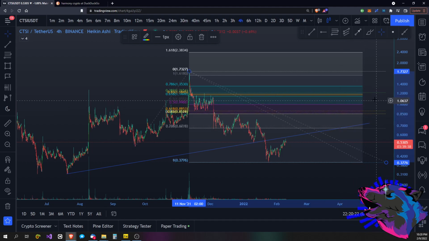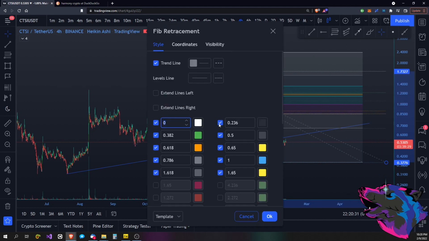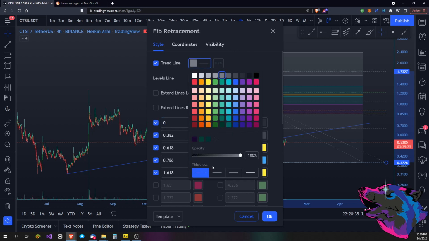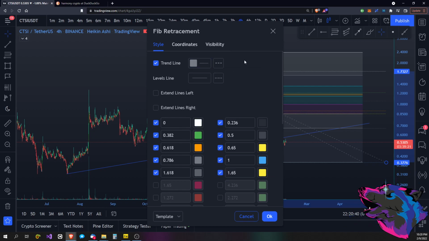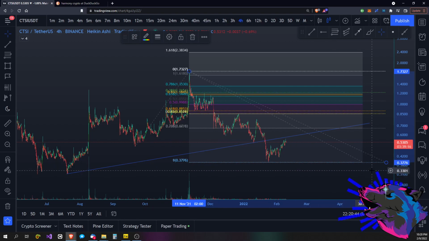Not there, not there, not there, not these. And not that guy. 100%. Oh, that's the stupid trend line. We'll do that just so it's a little more visible.